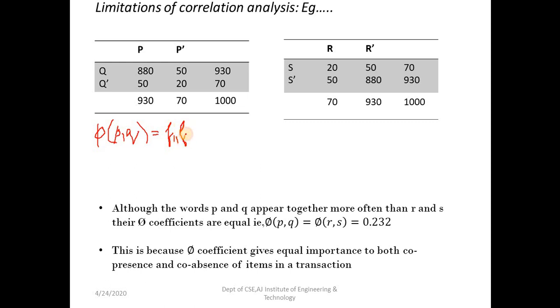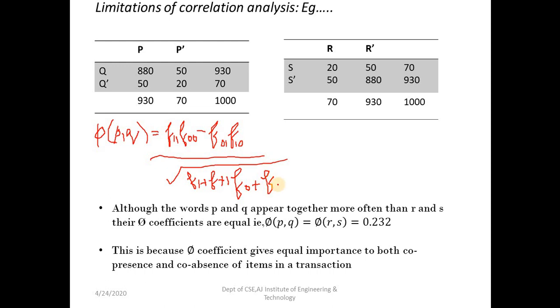F11 into f00, minus f01 into f10, divided by square root of f1+ into f+1 into f0+ into f+0.